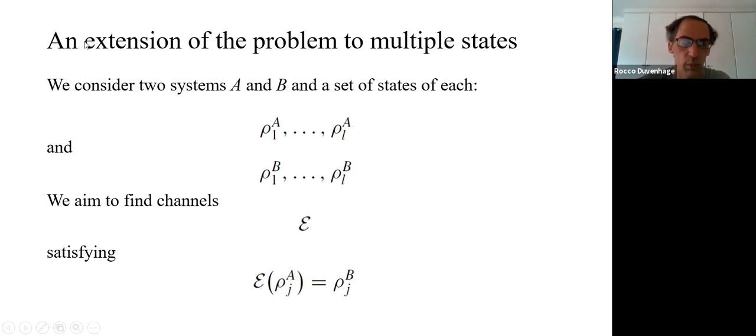Well, let's come back to the problem I mentioned at the very beginning. I actually want multiple initial states, so states of A. I have some target states of the system B, and I want this channel to perform all of these tasks. In other words, to take rho 1 of A to rho 1 of B, up to rho L of A taken to rho L of B. So all of these tasks for j from 1 to L have to be performed.